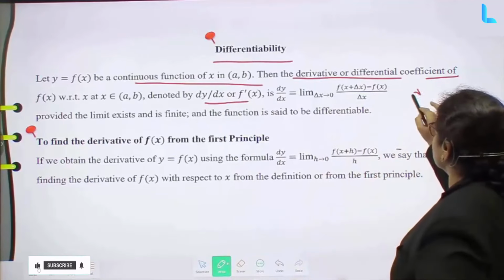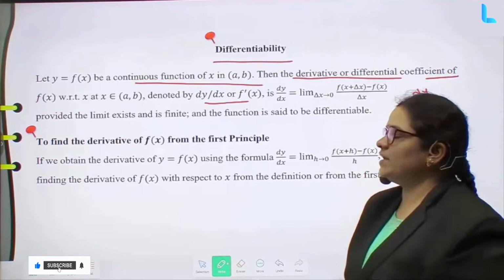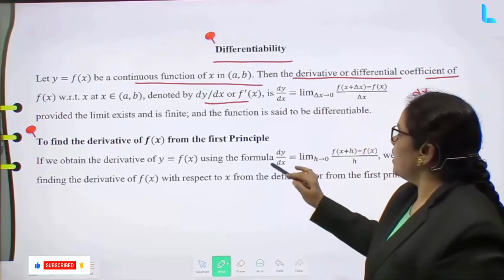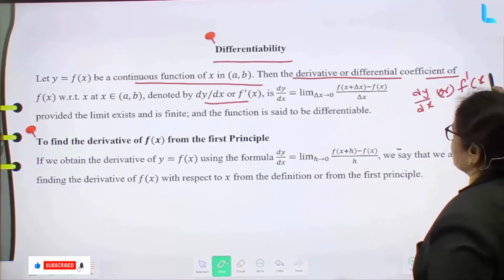So d by dx is the differentiability of y equal to f(x).